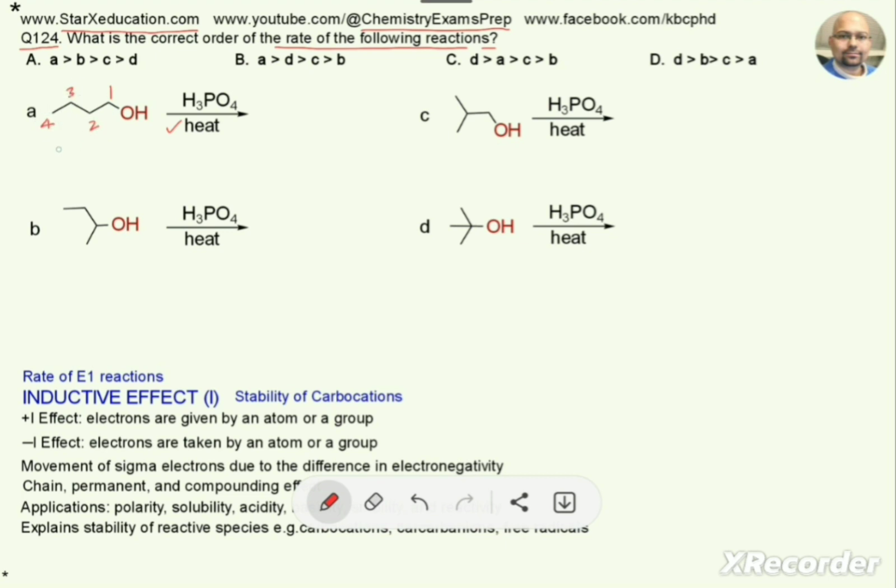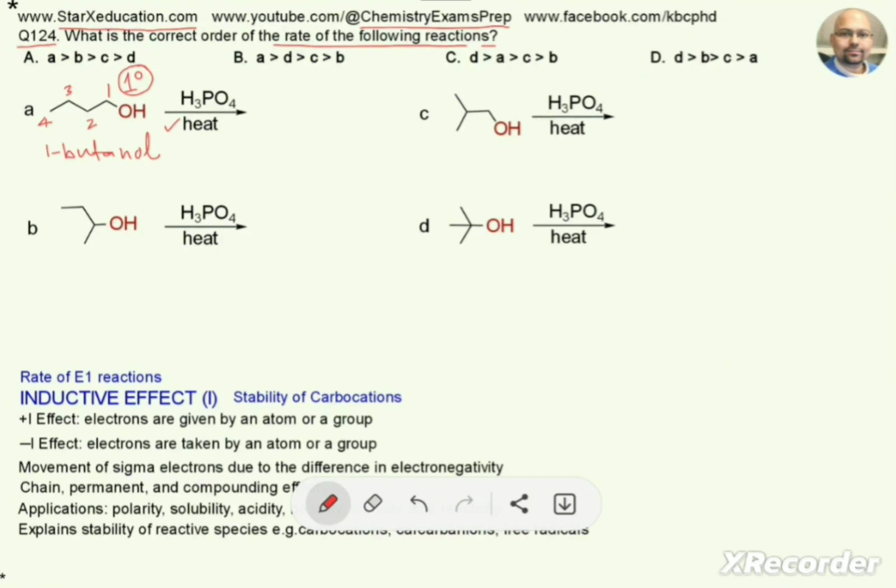So this is 1-butanol or butane 1-ol. This is a primary alcohol. Primary alcohols are the alcohols that have the OH group connected to a primary carbon. And a primary carbon is a carbon that is attached to no other carbon or one carbon or carbon chain.